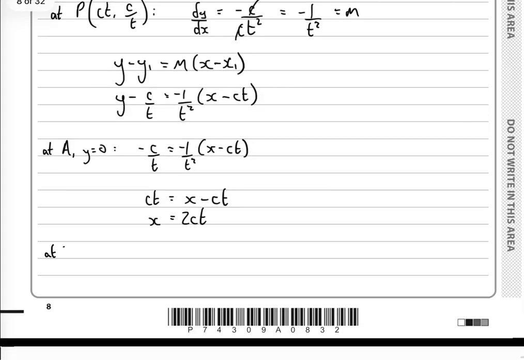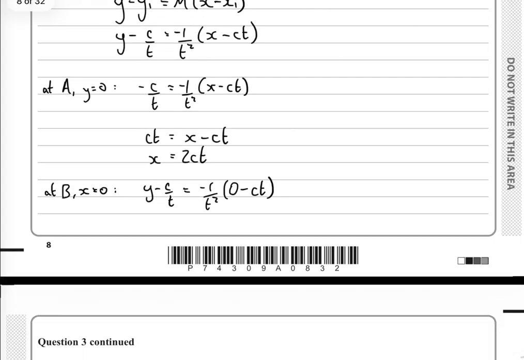Then at B, x is 0. And we need to find the y coordinate. y minus c over t is equal to minus, don't forget the minus, 0 minus ct. So that's going to multiply with the minus 1 over t squared. The minuses are cancelling, and the t, that will give us a c over t on this side as well.